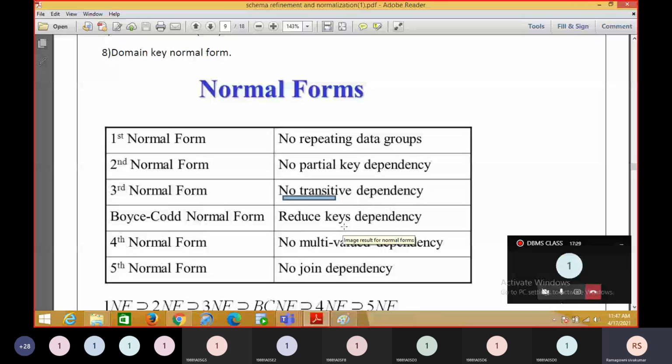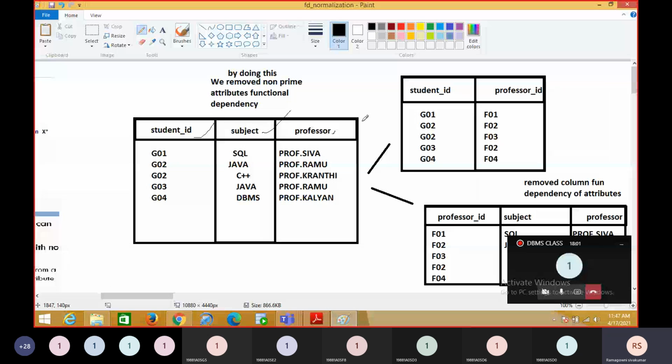I will explain with one example, then you can understand Boyce-Codd normal form. It reduces the key dependency. I have created one table here that contains student ID, subject and professor. The student IDs are not 1, 2, 3, 4 only; there are duplicate IDs.